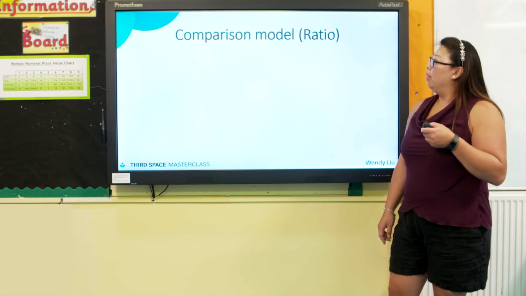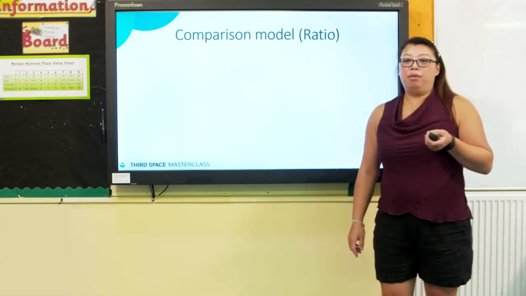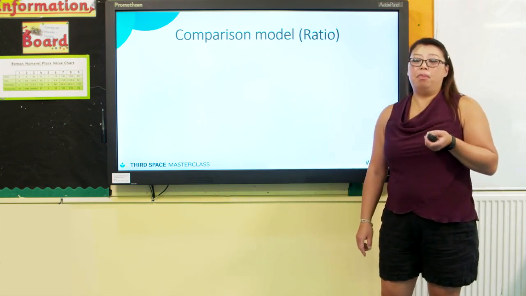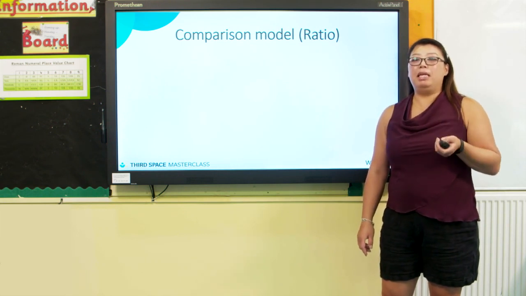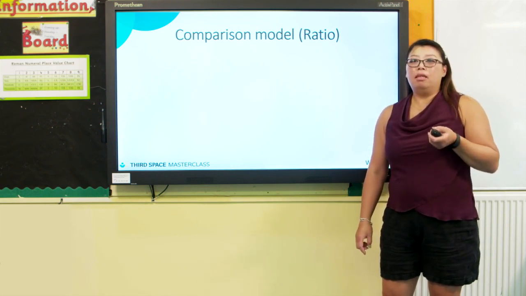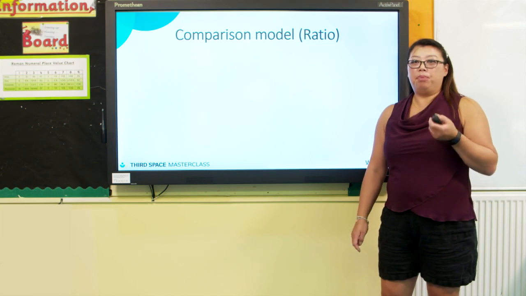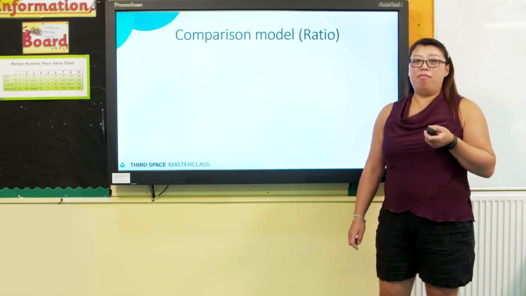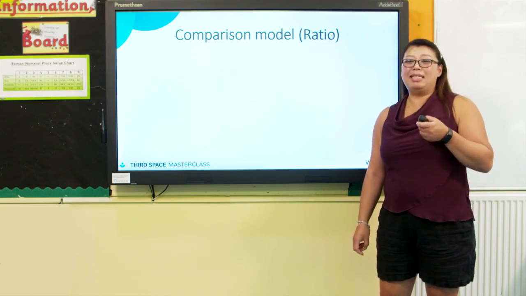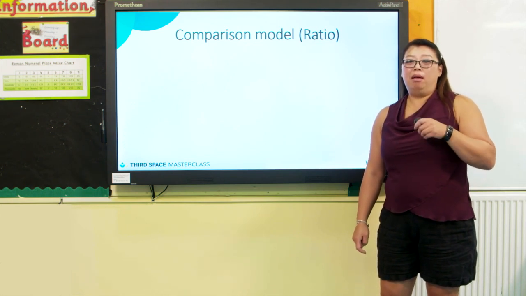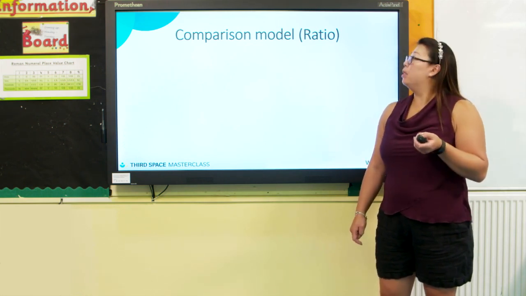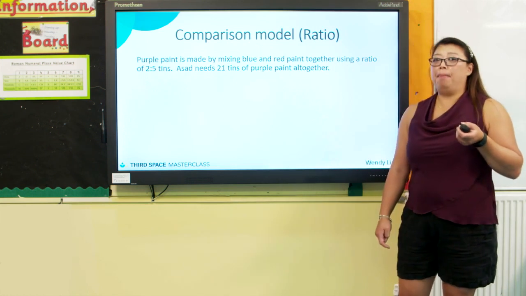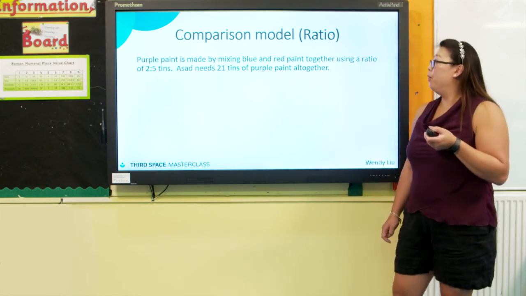Okay. Now, ratio. I love using bar models with ratio because it really makes the problem clear and real to children, and they can see exactly where each part fits in. So let's have a quick look at a very basic model first.